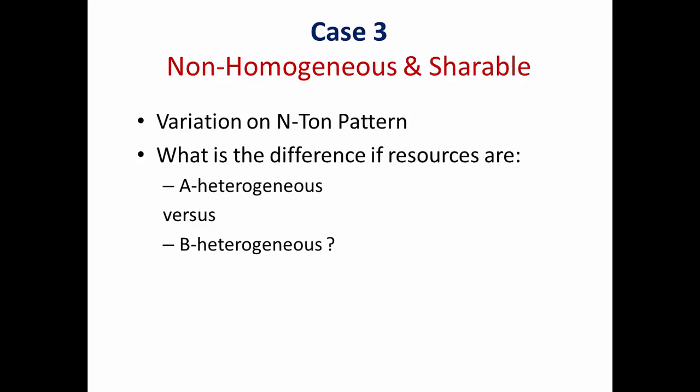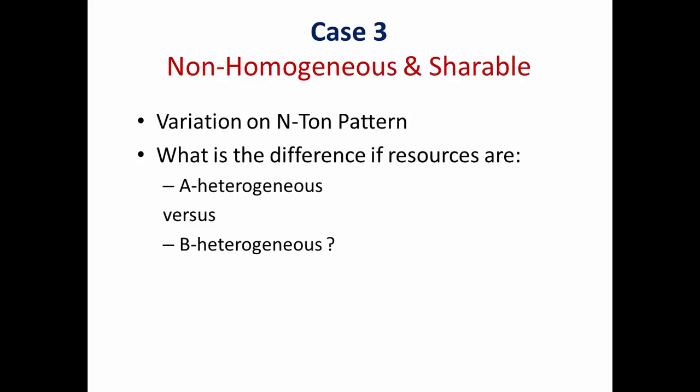Okay, so now, as this is a graduate course, this is going to be an exercise for you. We look at case 3. Case 3 is non-homogeneous and shareable resources. Now, this case will be a variation of the Anton pattern. Anton pattern, remember, was like a shareable resource.